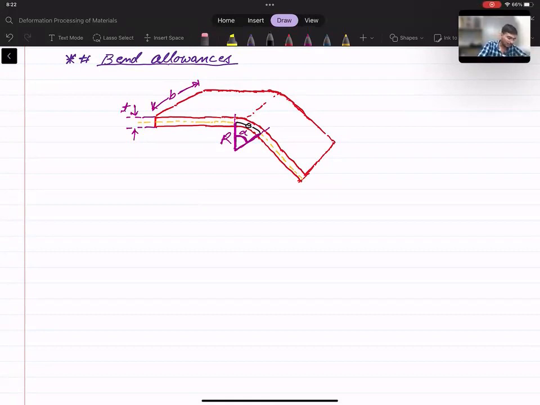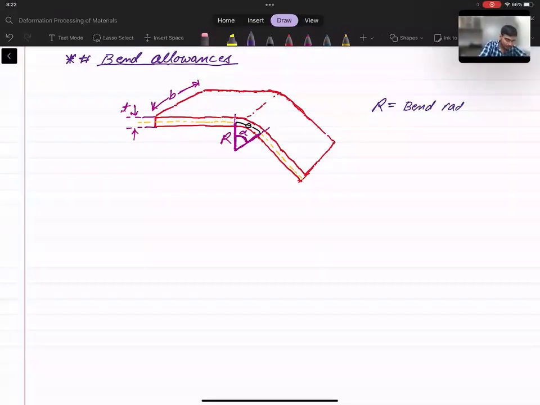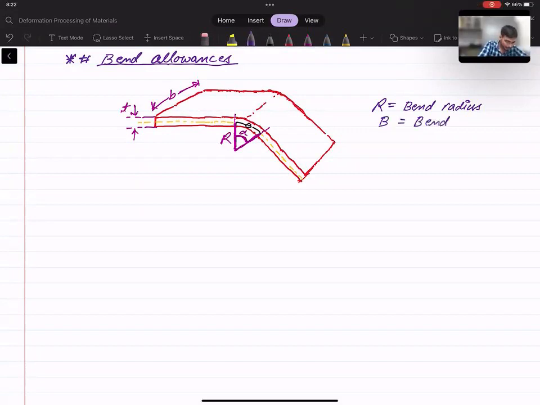Okay, so here R is the bend radius, and B is the bend allowance, and alpha is the bend angle.